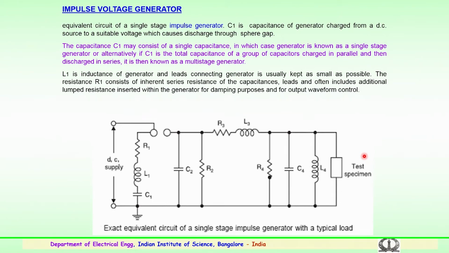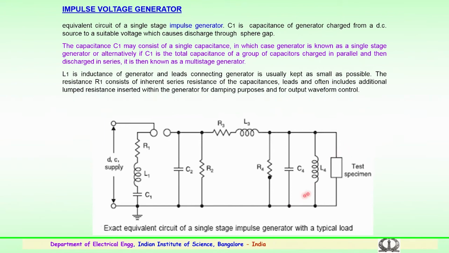The third is the impulse voltage generator or the surge generator, very important as this surge generator plays an important role in the generation of the lightning as well as the switching surges, which have to be tested for the equipment used in the transmission or the high voltage distribution networks.